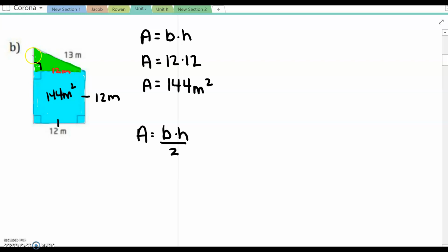And now in order to know the height, the side that's perpendicular to this other side, I don't have any other information as far as measurements, so I can do a little side calculation. I can do the Pythagorean theorem. If my triangle has sides of 12 and 13, I can either remember my Pythagorean triples, or I can calculate 12 squared plus our mystery side squared equals 13 squared.